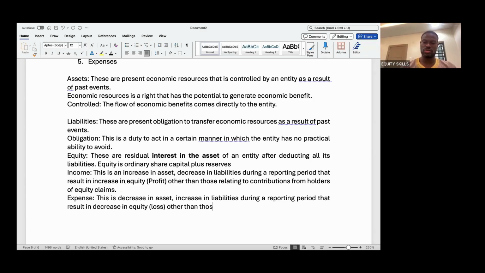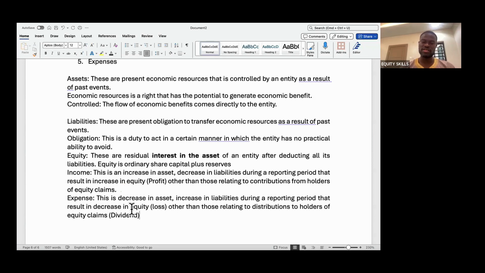Other than those relating to distributions to holders of equity claims. You know that distribution to holders of equity claims is dividend. Dividend is not an expense.